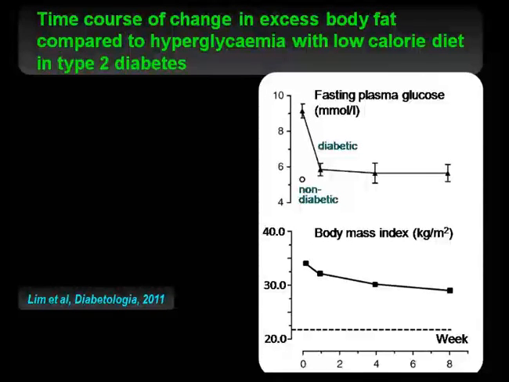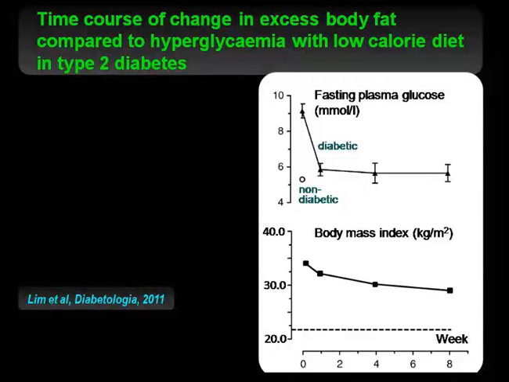And the key experiment here is one from my colleague Roy Taylor, Elin Lin, and others. What they did is take people with typical type 2 diabetes, note the fasting hyperglycemia, and put them on a low-calorie diet. And you will see that essentially fasting glucose normalizes within 1 week. That observation was actually made several decades ago in the US. So glucose metabolism normalizes within 7 days if you normalize calorie intake.